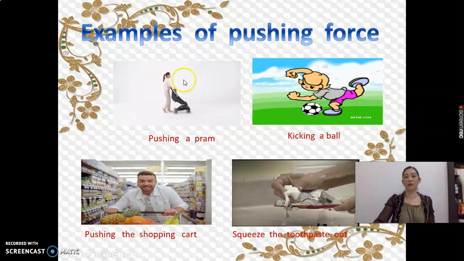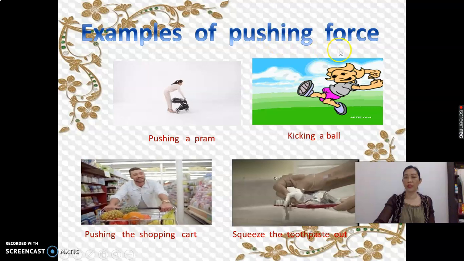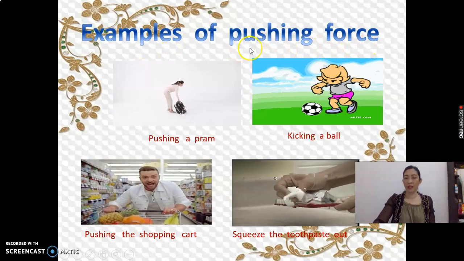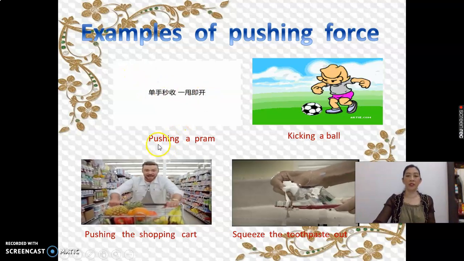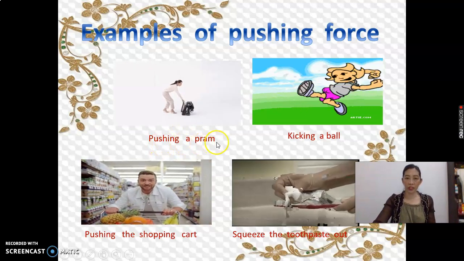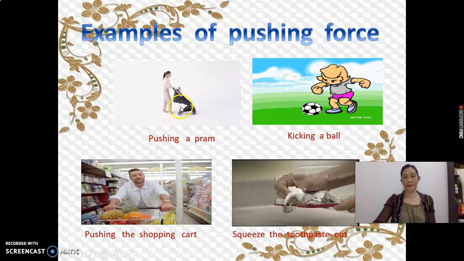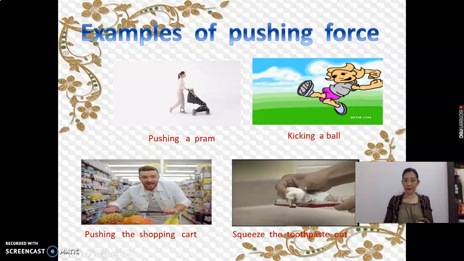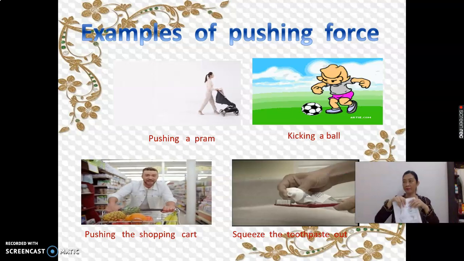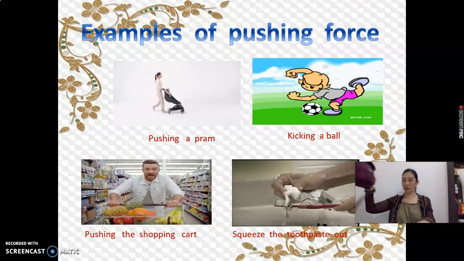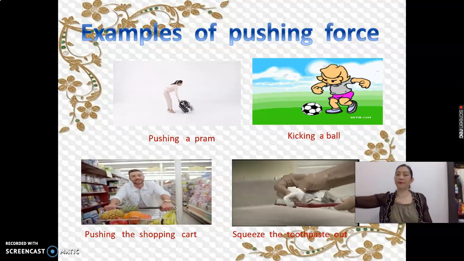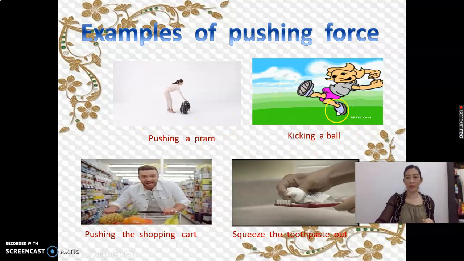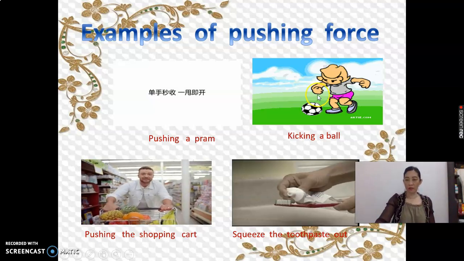Number 1 is an example of pushing force: pushing a pram. Number 2 is kicking a ball.